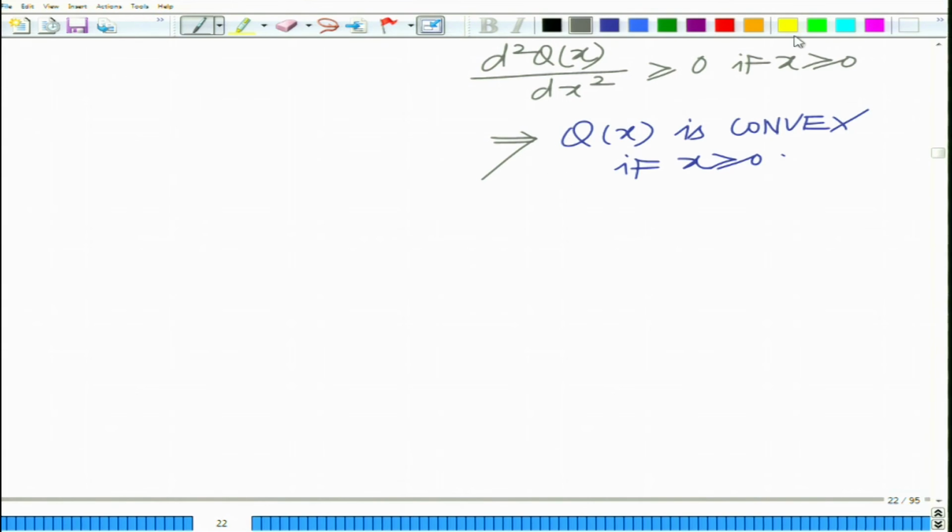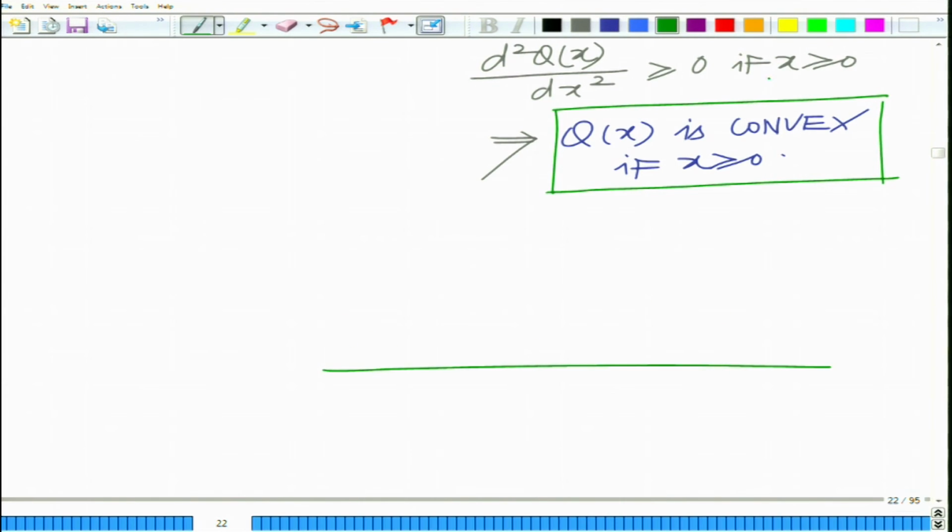This is in fact a very interesting property that we will use quite some time in the future. If you look at a plot of the Q function, that is a CCDF, it is decreasing constantly.